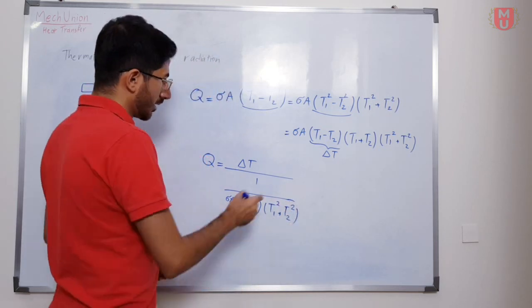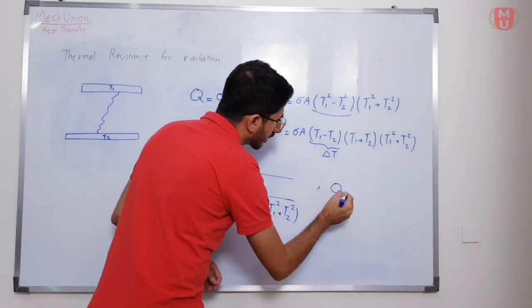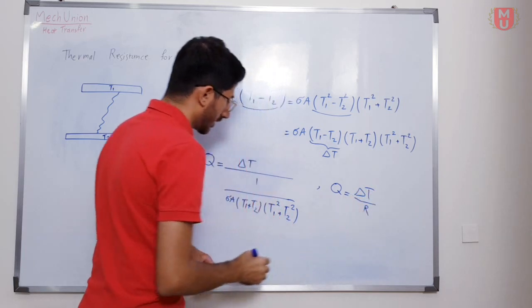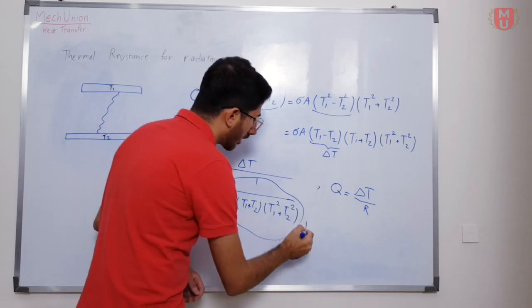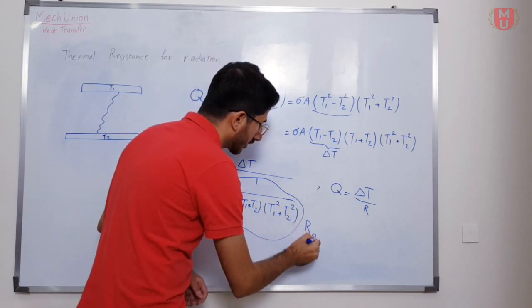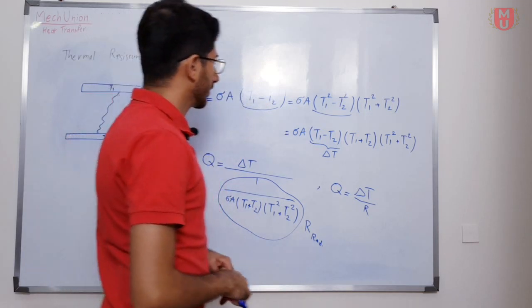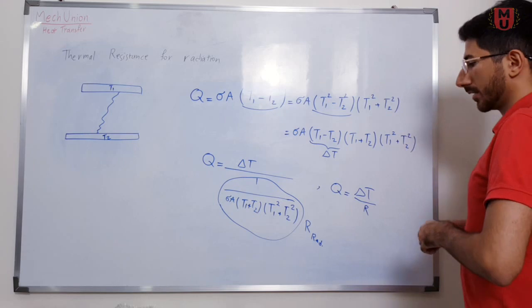That's it. And by making a comparison with this formula, it will be our R of radiation, our thermal resistance for radiation.